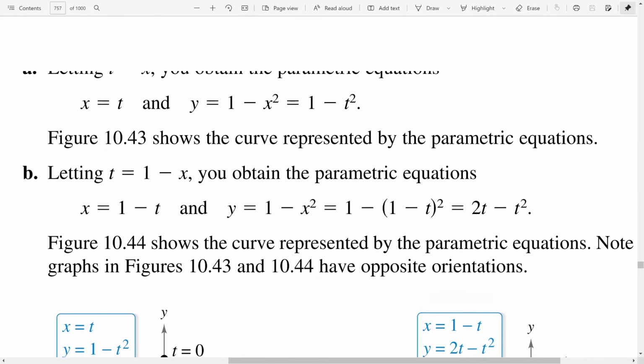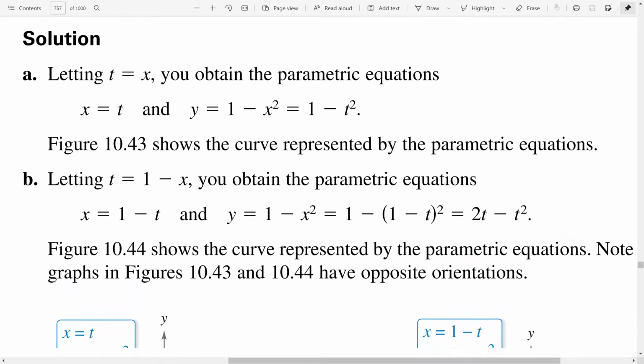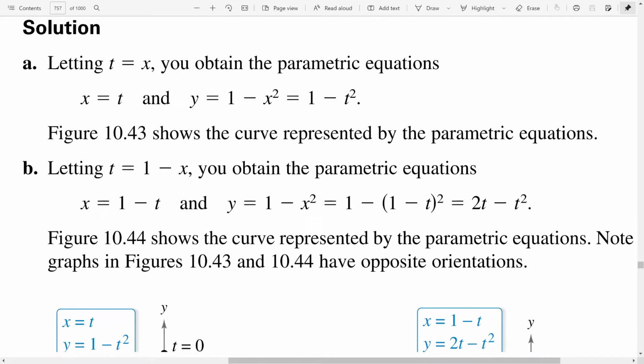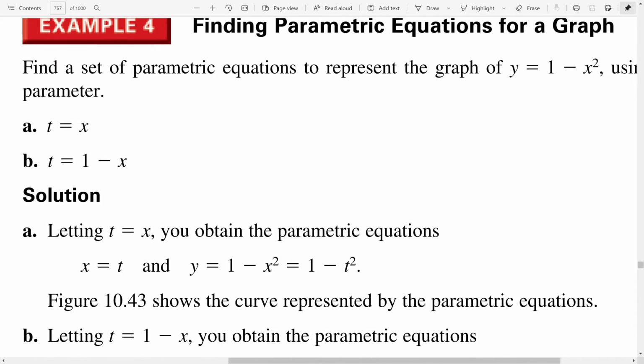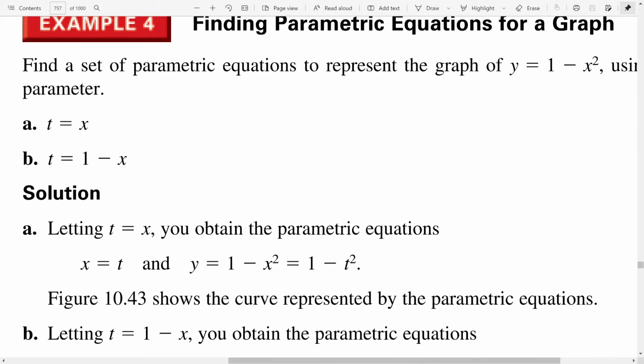Okay? So it's pretty easy going the other way to get the parametric equations. Just plug in the parameters they're asking you to use. Right, so the first one, just use t for x, and then for the second one, you just use 1 minus x for t.